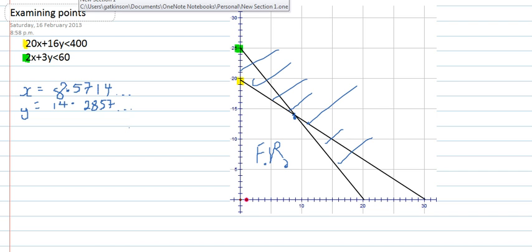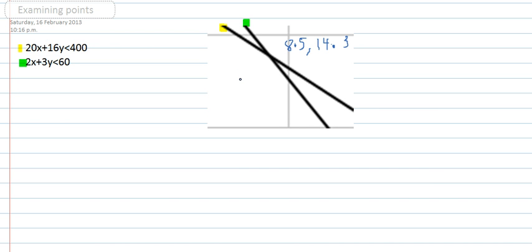So we come to one of our last skills, which is here I've rounded my points to one decimal place. There's my point of intersection, and basically the skill we have is this.